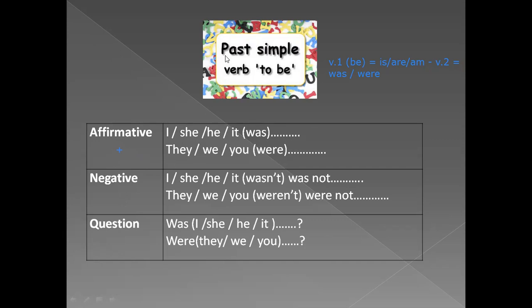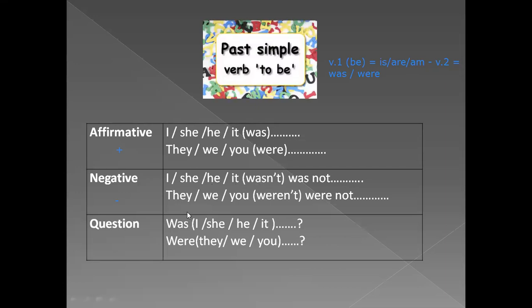In the negative form of the sentence, okay, whenever I have a singular subject as we said here, I, she, he, and it, we put was as we said in the affirmative sentence. But in the negative form we should add not to was in order to become wasn't.